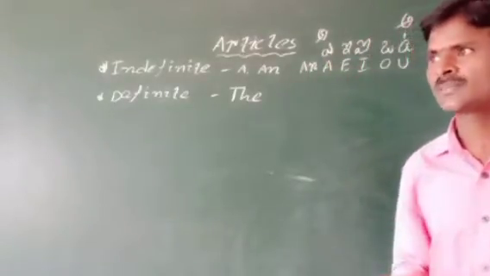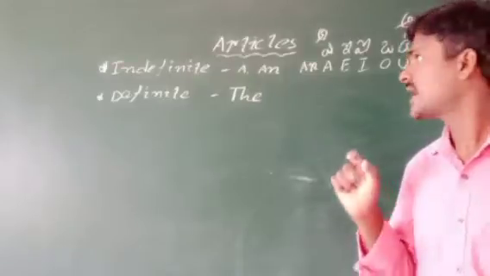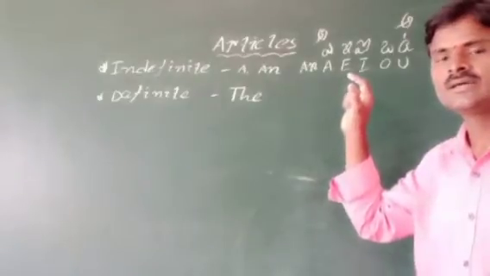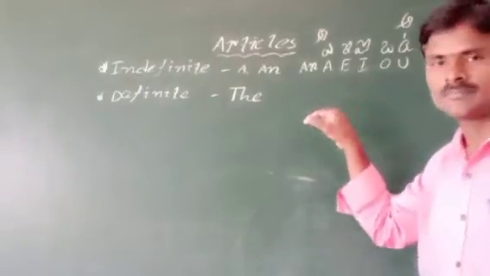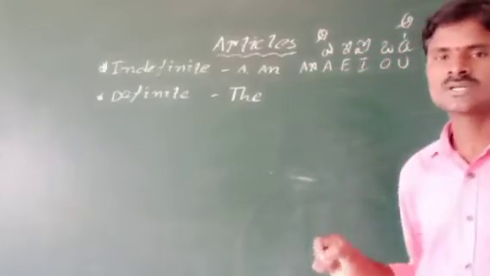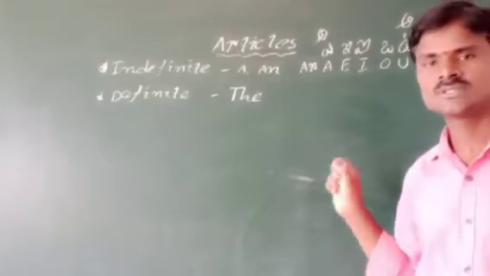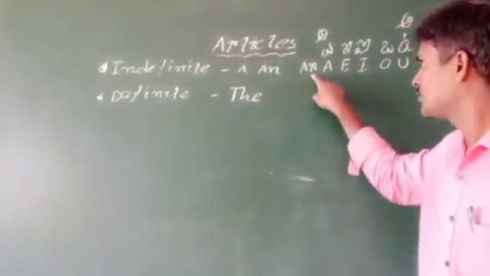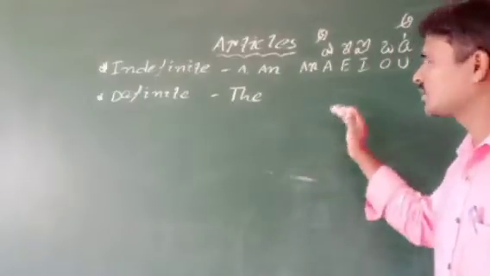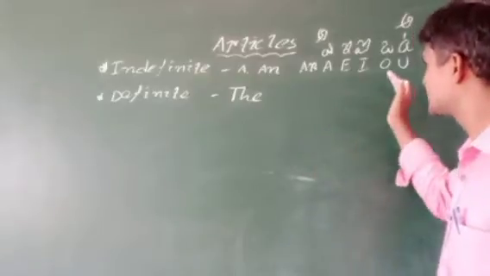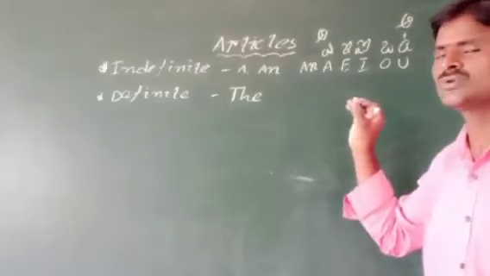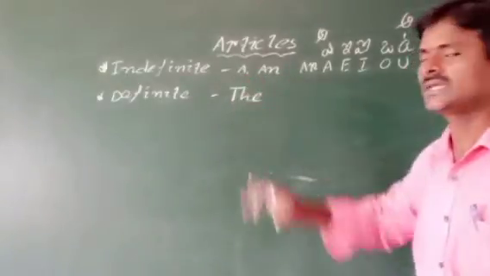If the word is pronounced with a, e, i, o, u sounds, you can use an before that word. If these sounds do not come in those words, you have to use a.